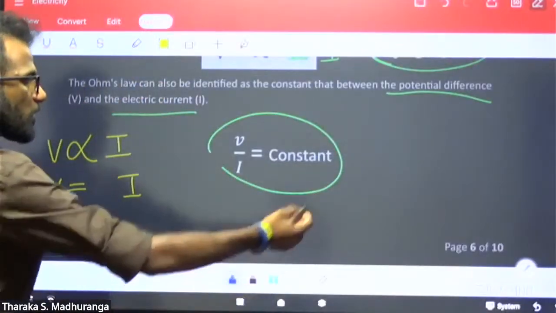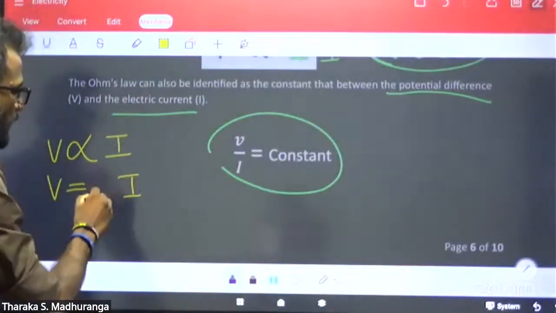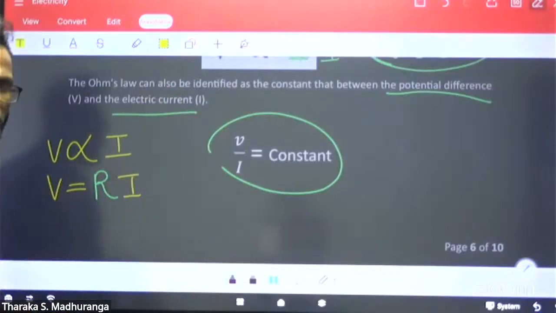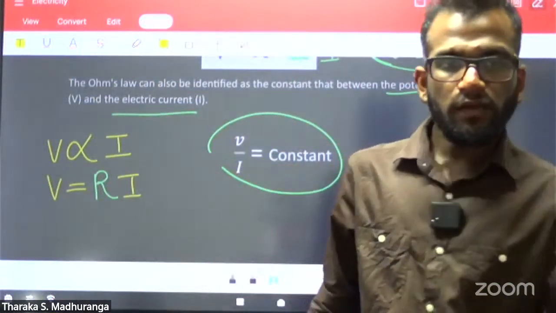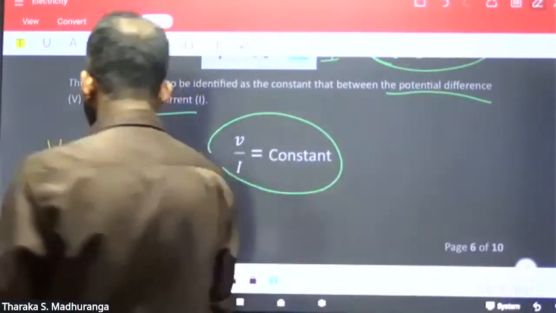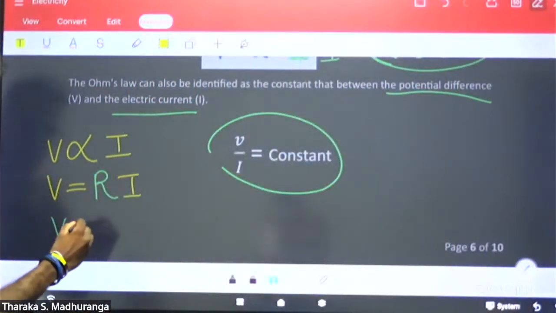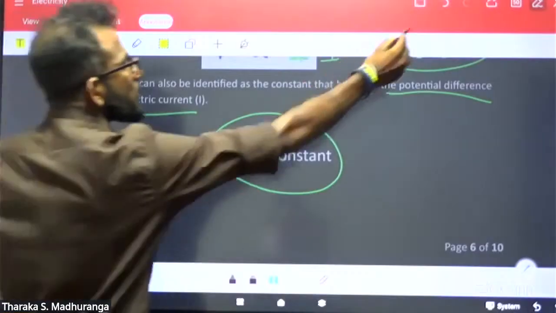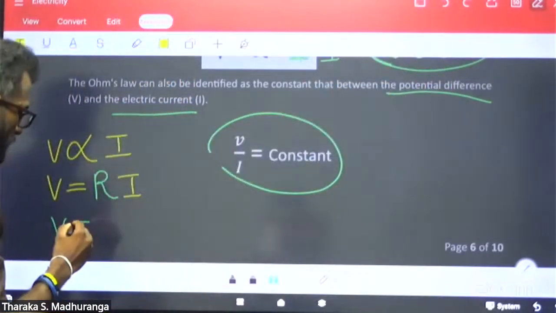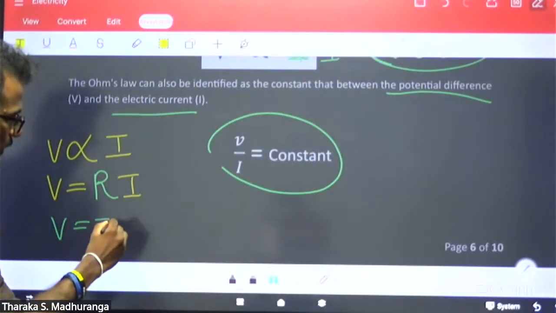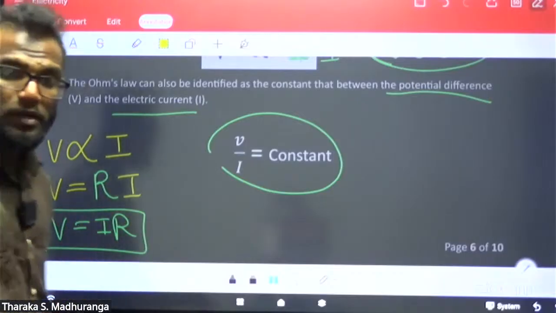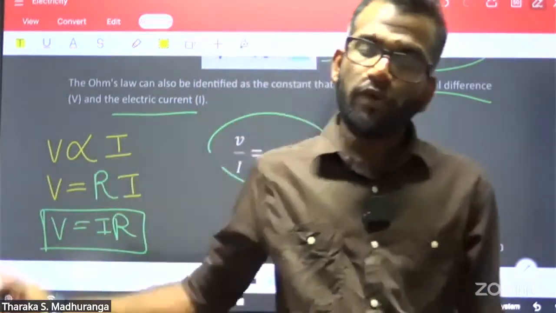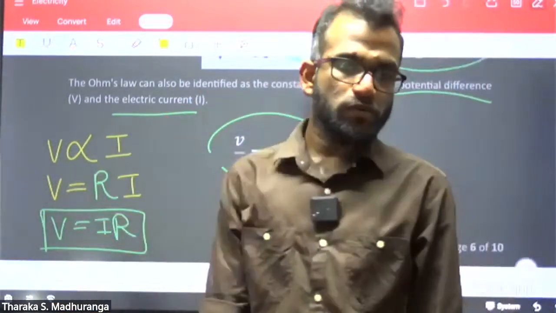Then the constant we add in this equation is R. The constant is R. Then V equals IR, the common equation according to Ohm's law.